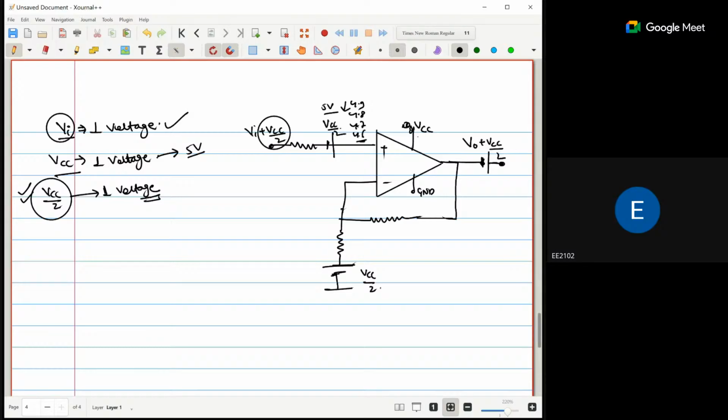So we are not getting a constant voltage here. This thing is constant, that is 10 volt and ground, because this particular voltage will be generated through the AC signal. So that voltage is constant, but battery voltage is not constant.